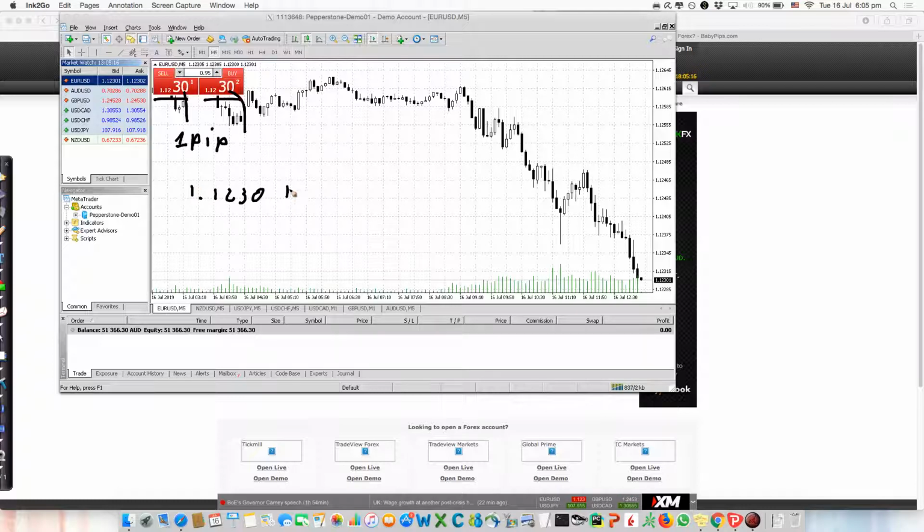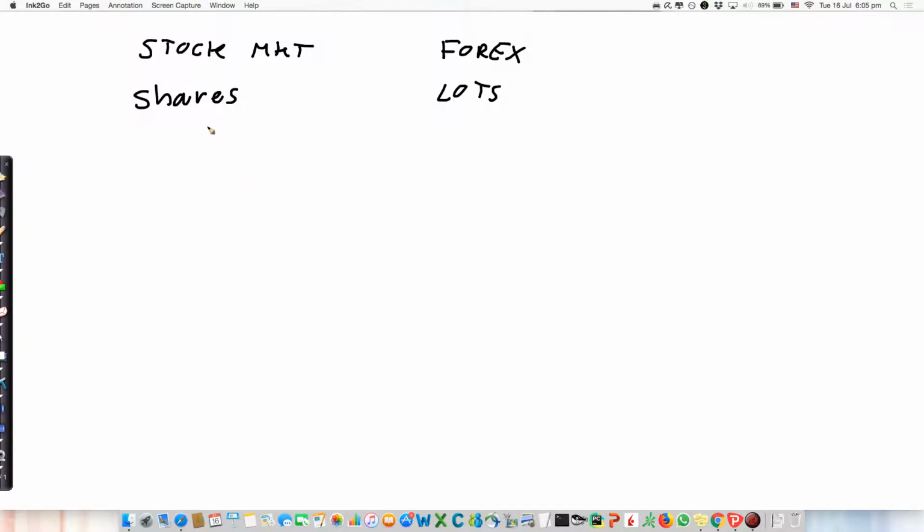If I want to add 1 pip, will be 1.1231. Okay, so the 4th decimal is called pip. And you can think of pip as the unit for Forex, similarly to the dollar in the US market. Okay, so what we can say is that in the stock market we have the dollar, here we have the pip. So with this we start to understand the parallel between these two.